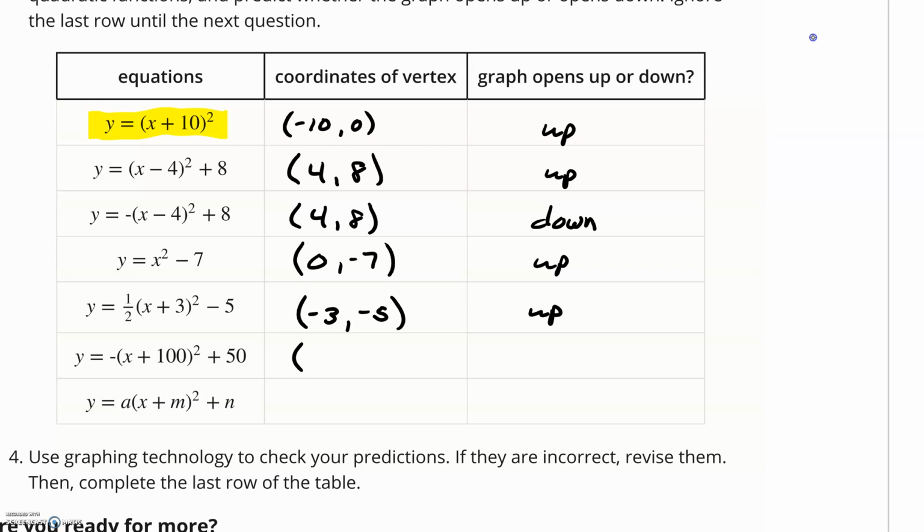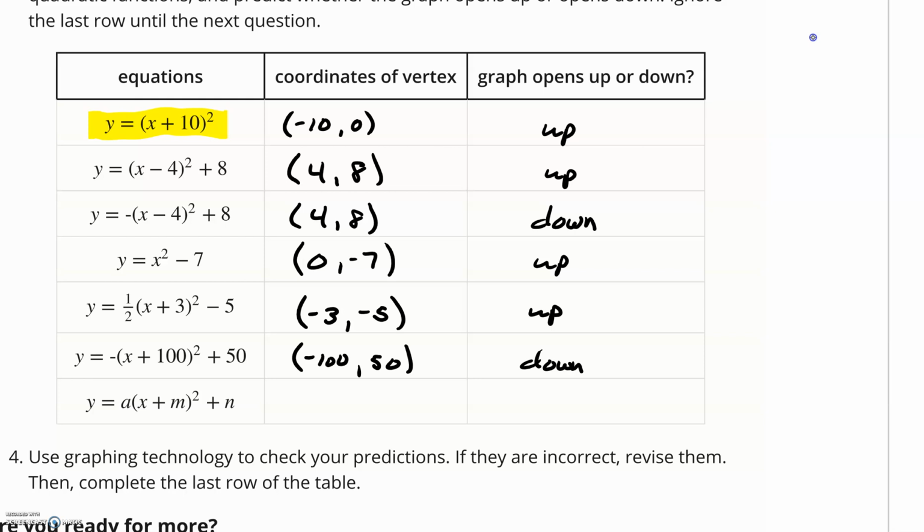My next function, what number can I put in for x to make that entire parenthesis 0? I could put a -100 in there. -100 plus 100 makes that whole thing 0. And then the y value of the vertex is 50. Does this graph open up or down? Well, it has a negative in the front, so this graph opens downward.